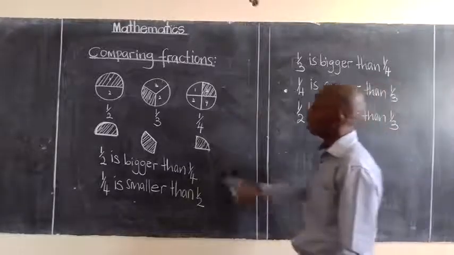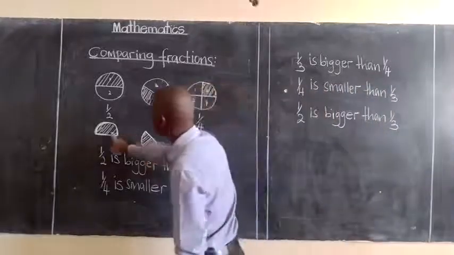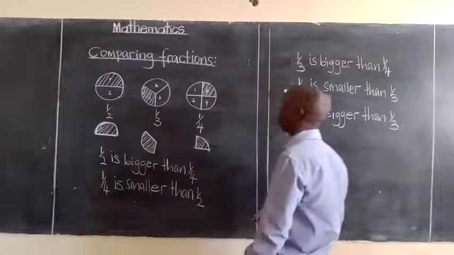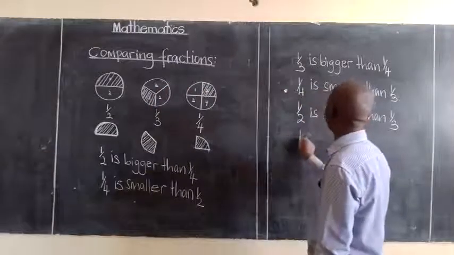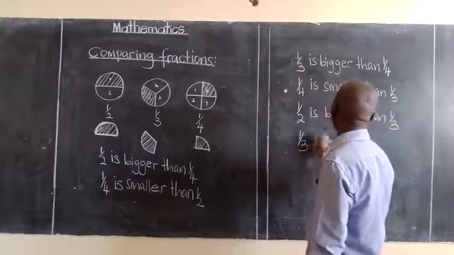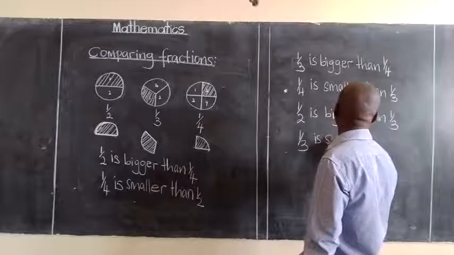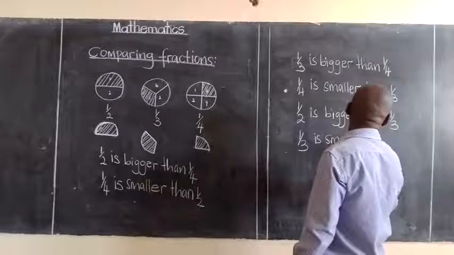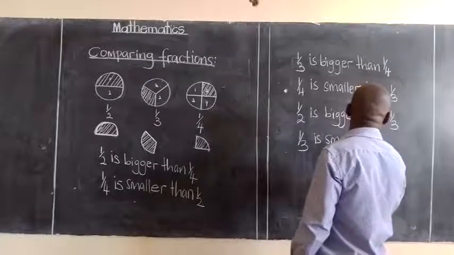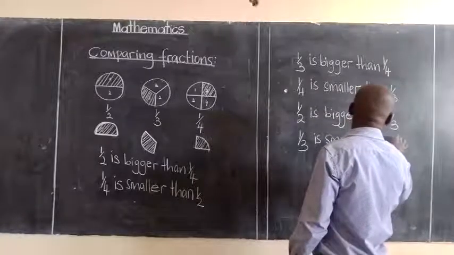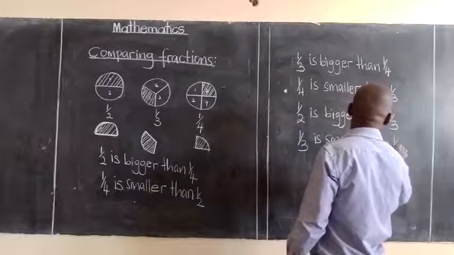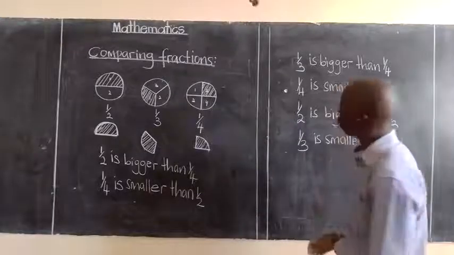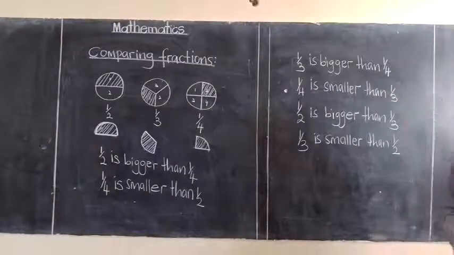And therefore, a third is smaller than a half. So that's how we can compare fractions.